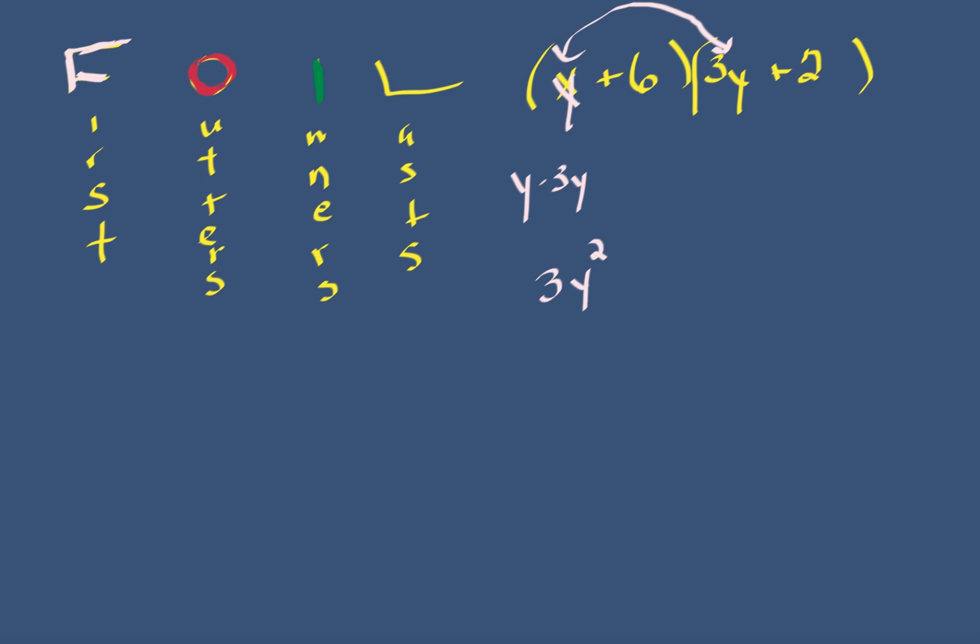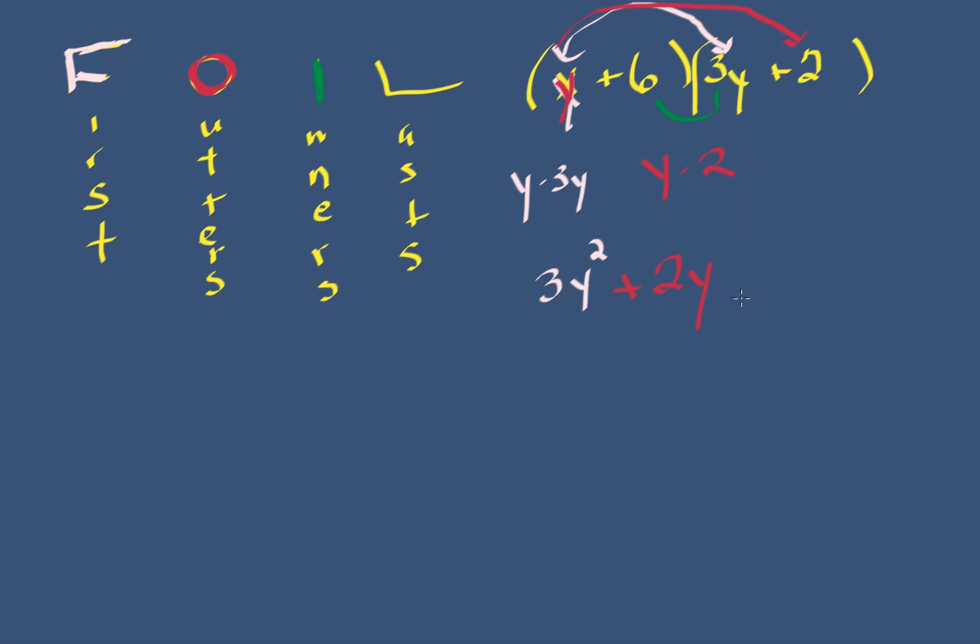And then you have to move to red, the outsides. So it's y times 2. Well, that's super simple. That's just 2y. And then green.